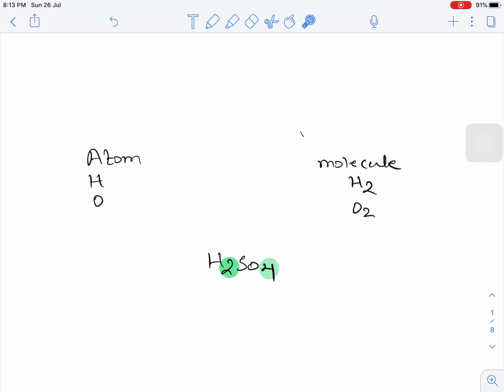For making a molecule, atoms of the same element may combine together, or atoms of different elements can also combine together.